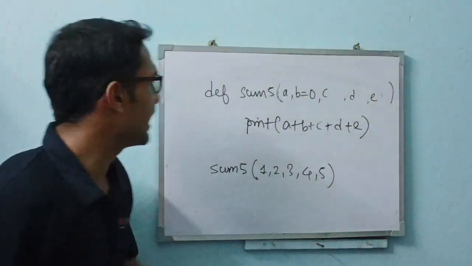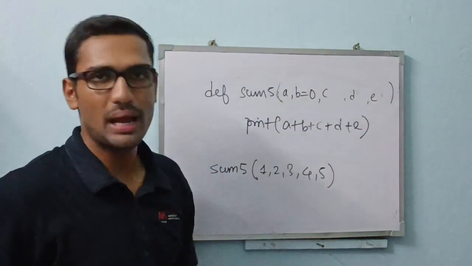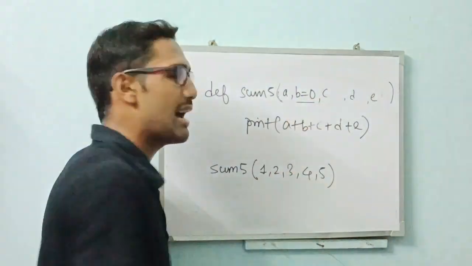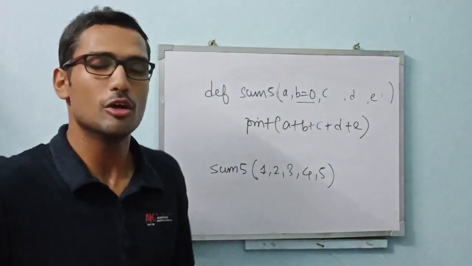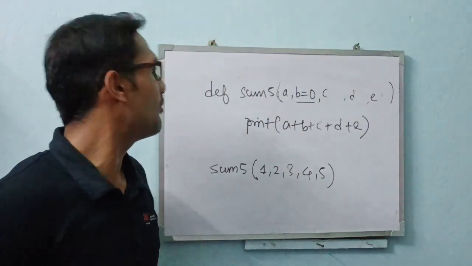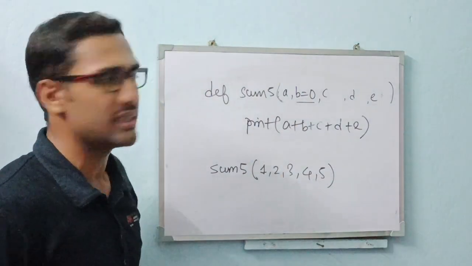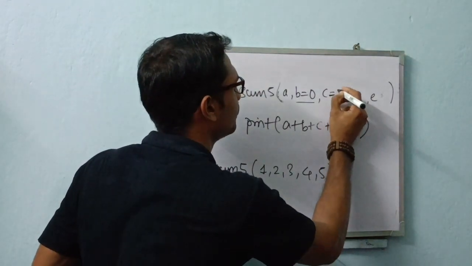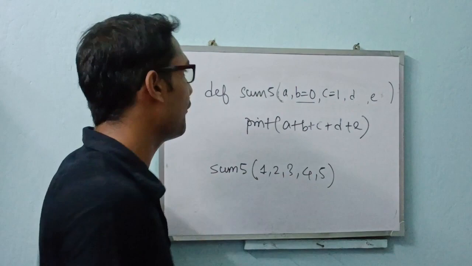Now we need to check whether b has a parameter on its right, and yes, it does, and that is c. So we need to give a default value to the parameter c as well. Let's give it as 1.